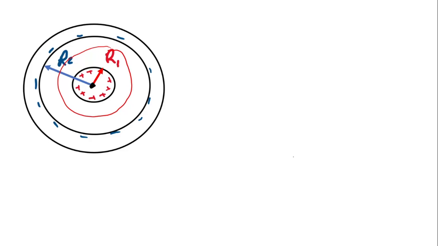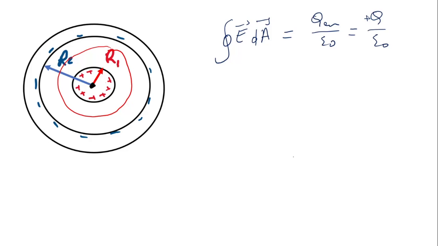The definition of Gauss's law is the integral over a closed area of E dot dA equals Q enclosed over epsilon 0. This Q enclosed is just the charge we have there, which is plus Q. Remember, this is our cylinder, and this is just the top view. The electric field will be outward.